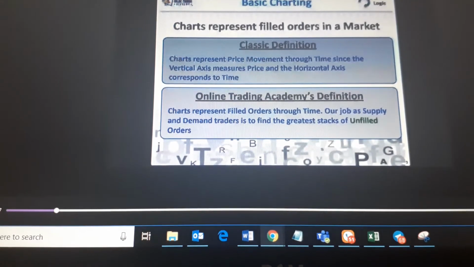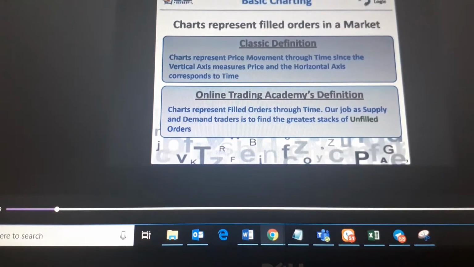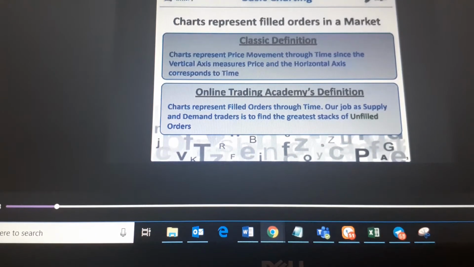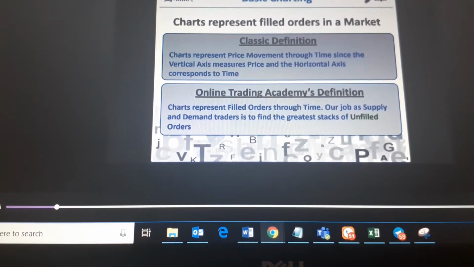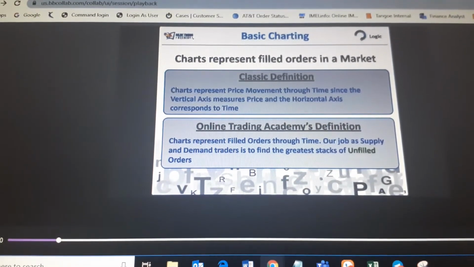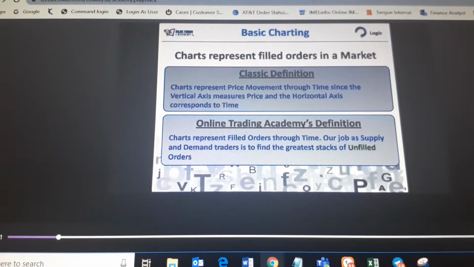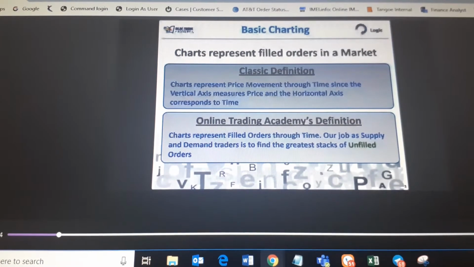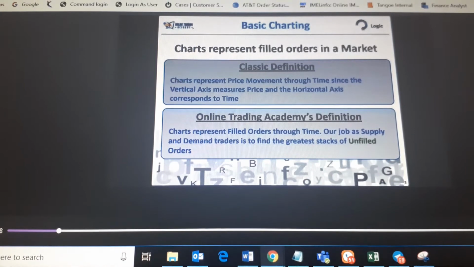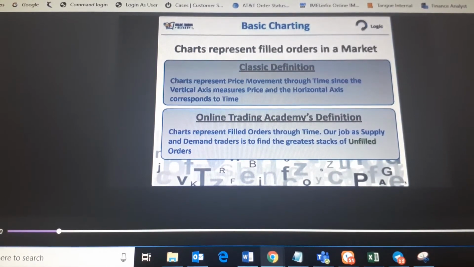Our job as supply and demand traders is to find the greatest stacks of unfilled orders.